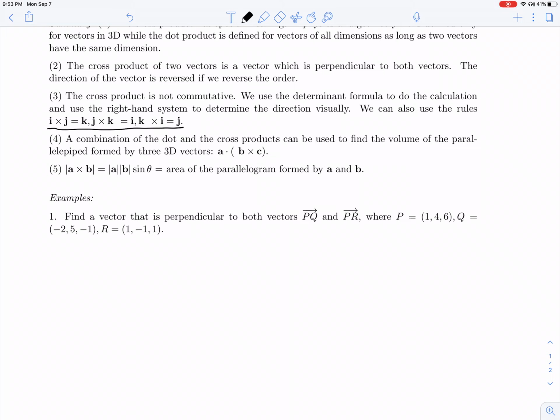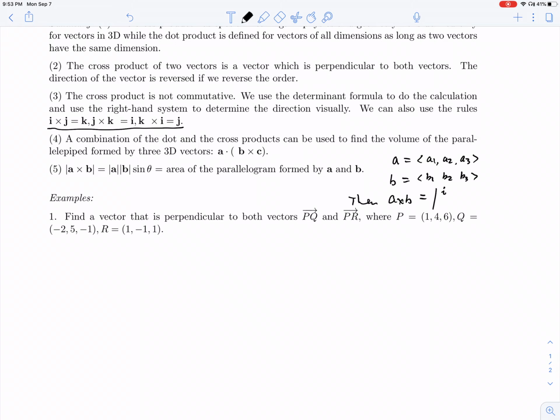Let's first review what we had. Suppose you have A equal to A1, A2, A3, and B equal to B1, B2, B3. Then A cross B is going to be a vector, and the vector is computed this way.